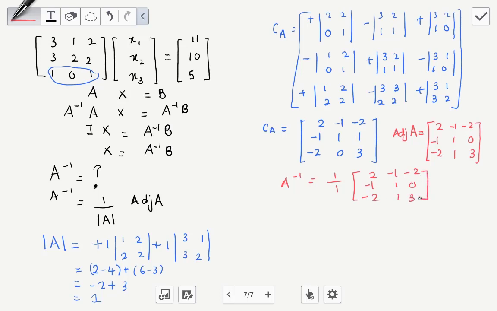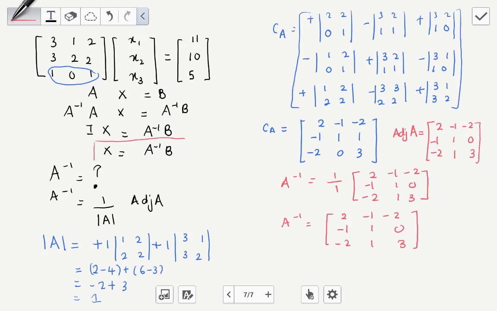So what is A inverse? A inverse is 2, negative 1, negative 2, negative 1, 1, 0, negative 2, 1, 3. So students, this is just the inverse. We haven't solved for x.